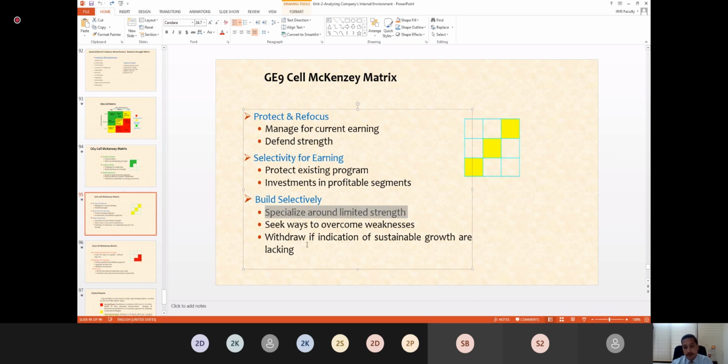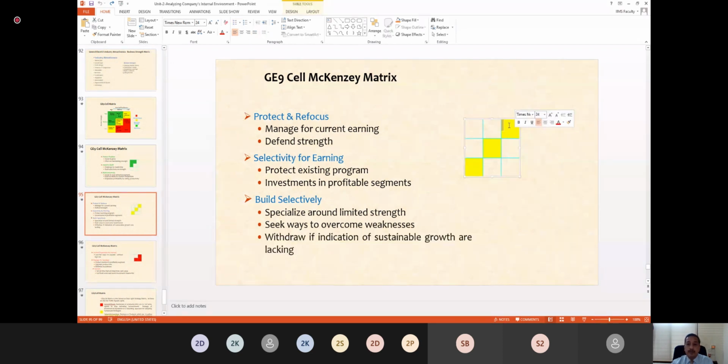Then we have to seek ways to overcome the weaknesses. Whatever weaknesses we have, we have to see how we can overcome them, and then withdraw if indications of sustainable growth are lacking. In this category at the top right, the industry attractiveness is very low.